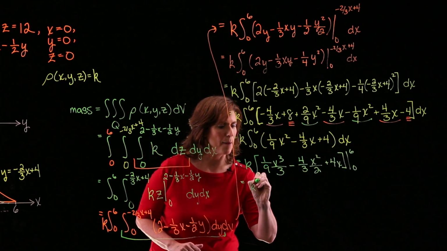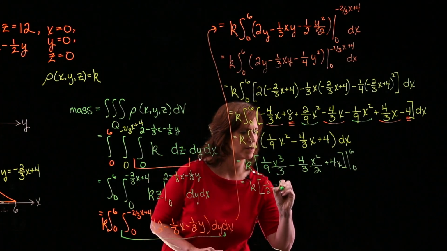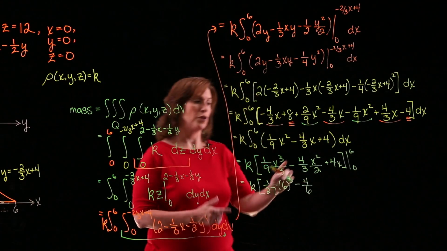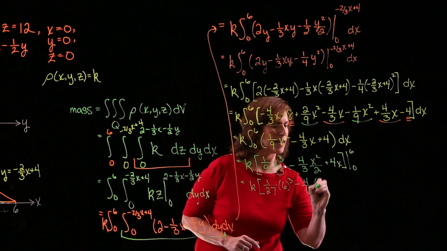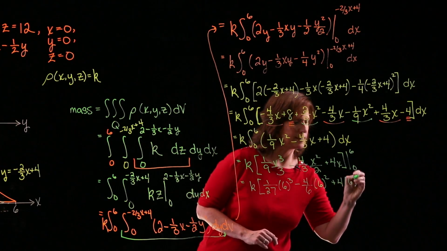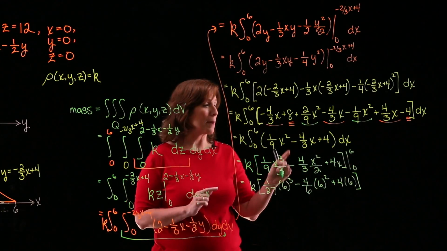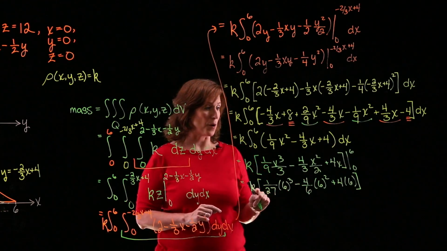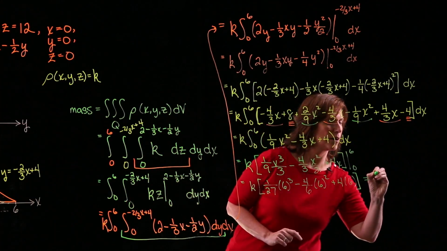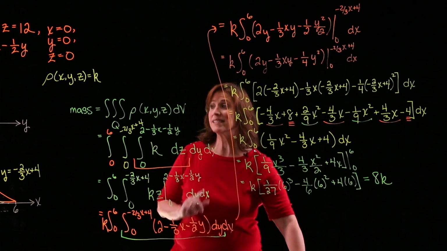So plugging in the upper limit, I'm going to have 1/27 times 6 cubed minus 4/6, or you could write that as 2/3, times 6 squared plus 4 times 6. Now I have to subtract what happens when I plug in the lower limit, but that's just going to be 0. If you do the arithmetic for all of this, you're going to end up with an 8k. All right, so that's the mass.